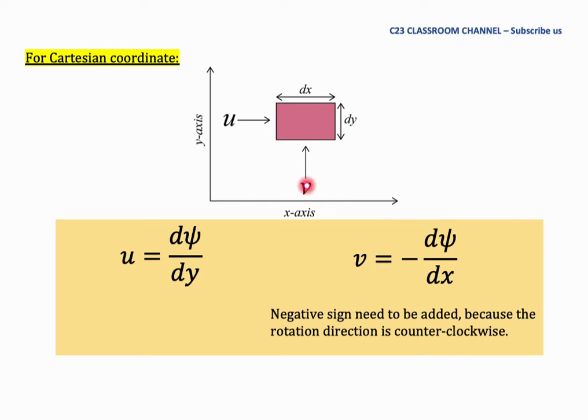Because the v here will create a counterclockwise motion like this, a negative sign needs to be added in this equation because the rotation direction is counterclockwise. Please remember this one. So as a conclusion, v, the component velocity for the y-axis, is equal to negative d psi over dx.